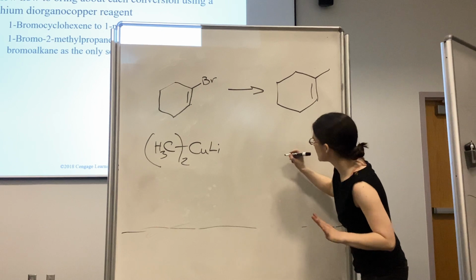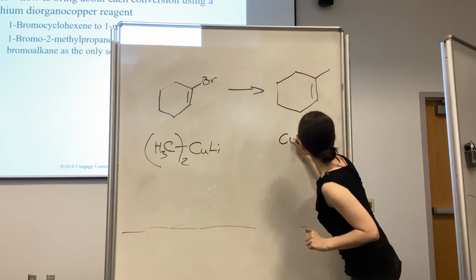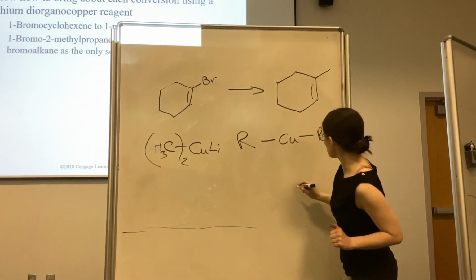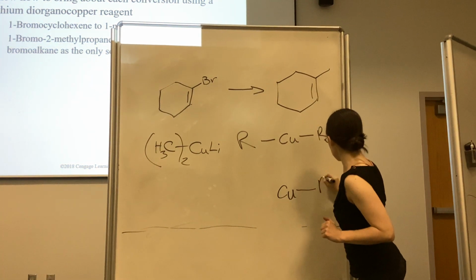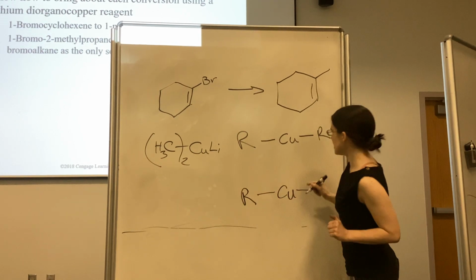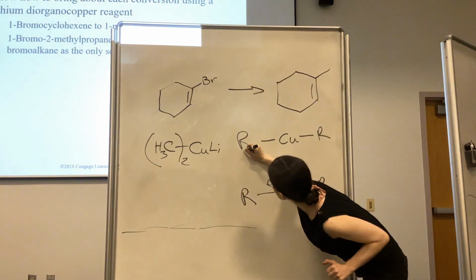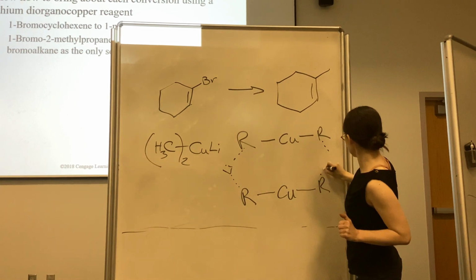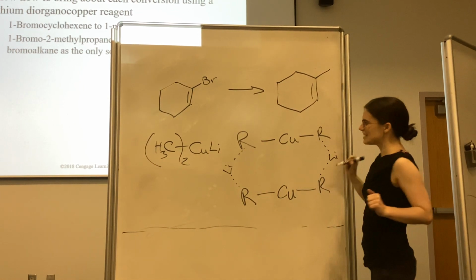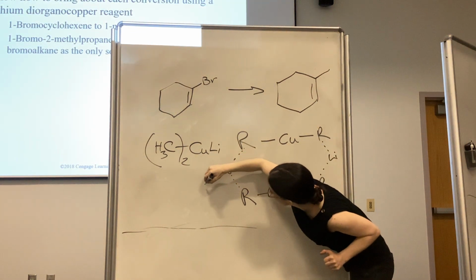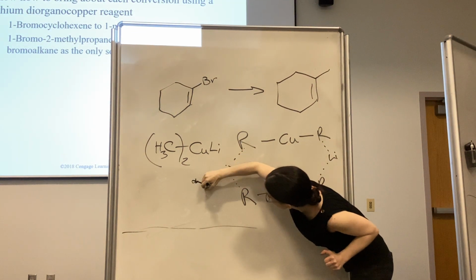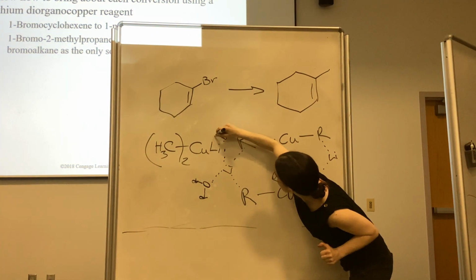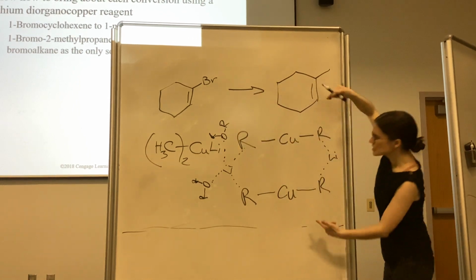Basically, it's copper with your R group, two R groups. And then these guys have ether stabilizing it. So it looks like this.